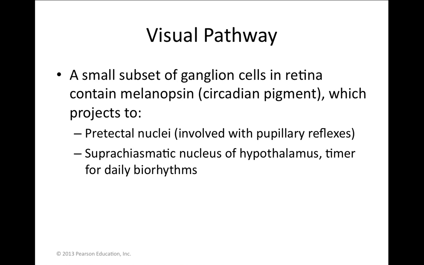So there is also a small subset of ganglion cells in the retina that contain melanopsin, which is part of the circadian pigment. That projects to the pretectal nuclei, which is involved with pupillary reflexes, and the suprachiasmatic nucleus of the hypothalamus, which is the timer for daily biorhythms.